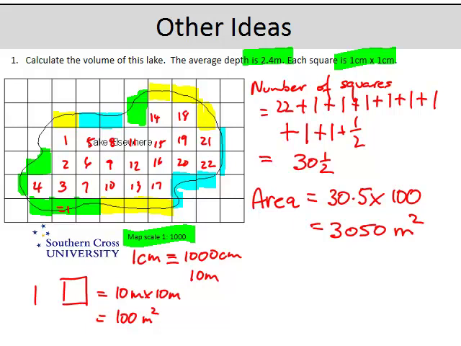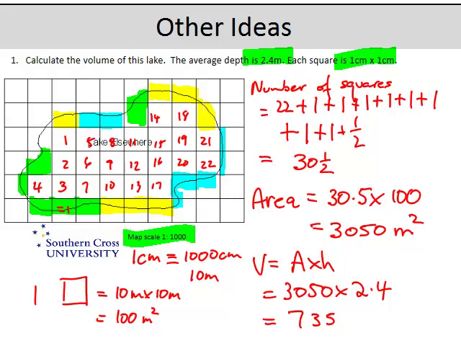So that puts the volume of the lake. We're treating it like a prism now. It's got a certain depth, so this is the cross-section end, and the height of the prism is 2.4, so it's A times H, which is 3,050 times 2.4, which is going to come out at about 7,350 approximately.